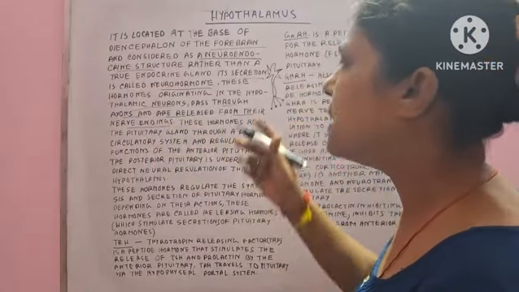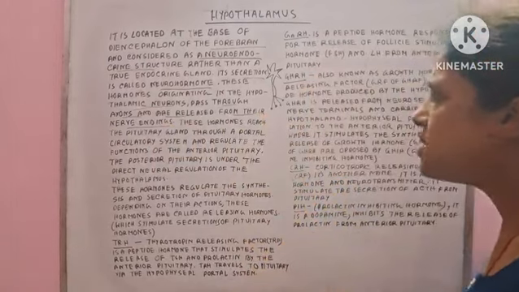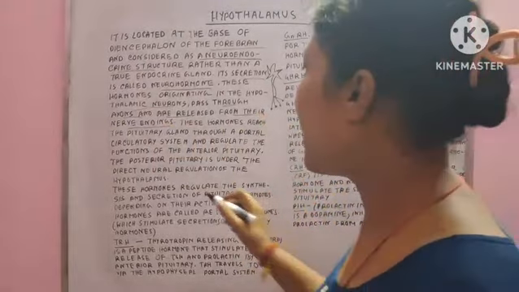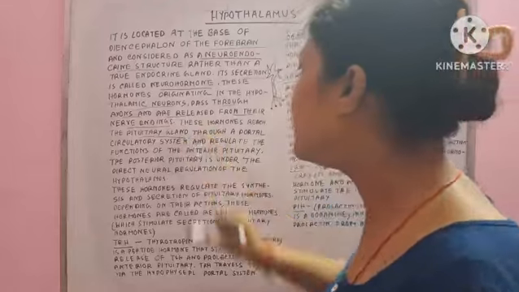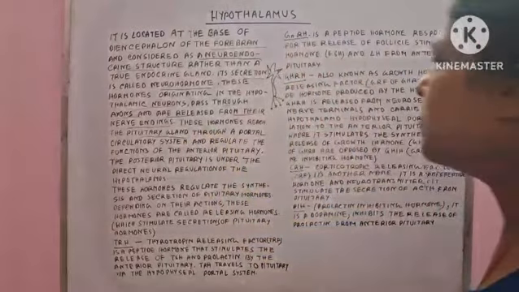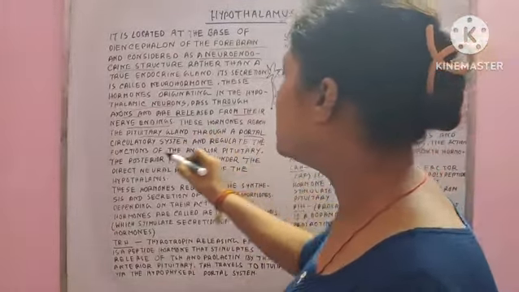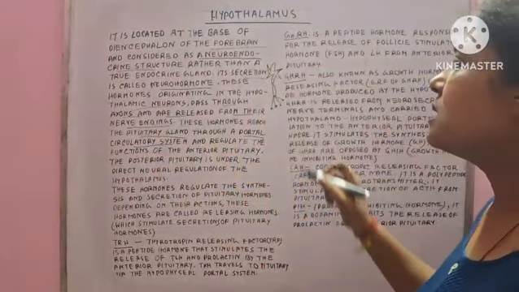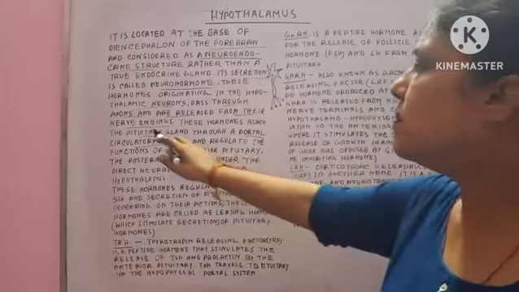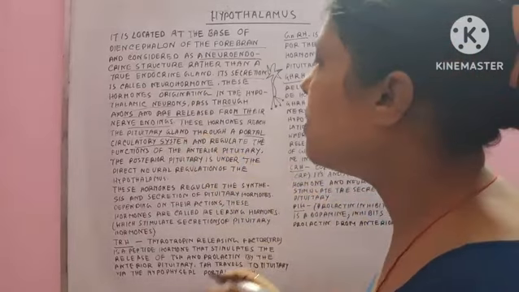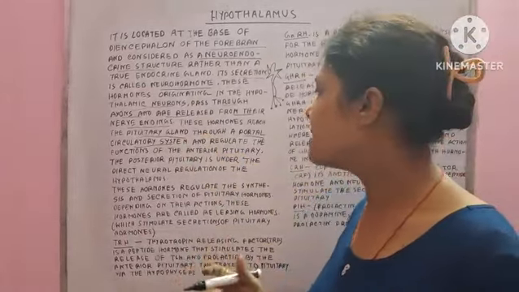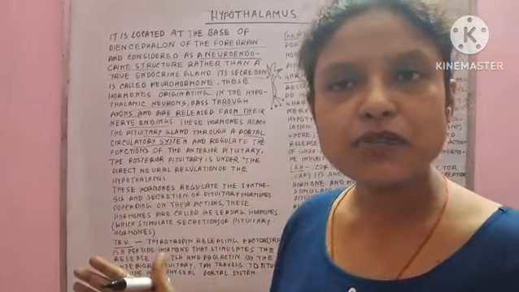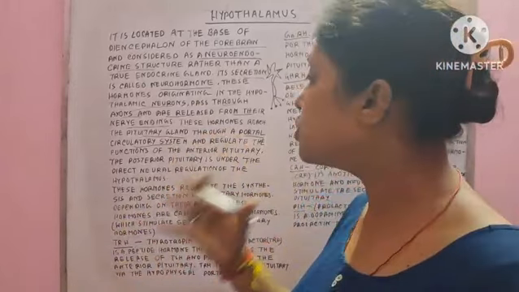From there these hormones are released, and where do they reach? They reach the pituitary gland through the portal circulatory system. You have to know that the pituitary gland has the anterior pituitary and the posterior pituitary.